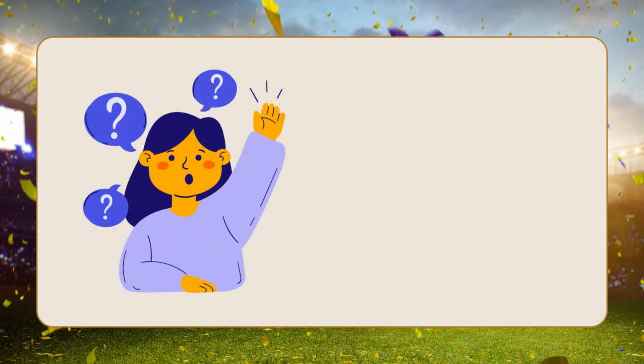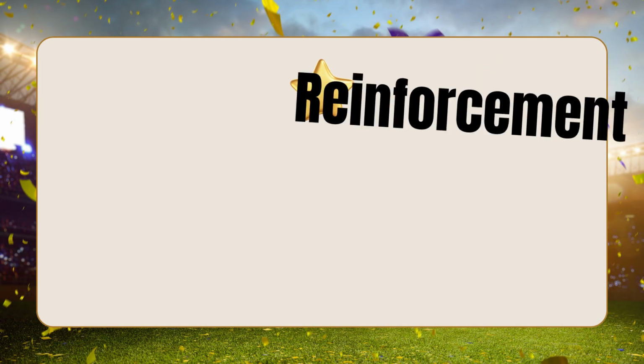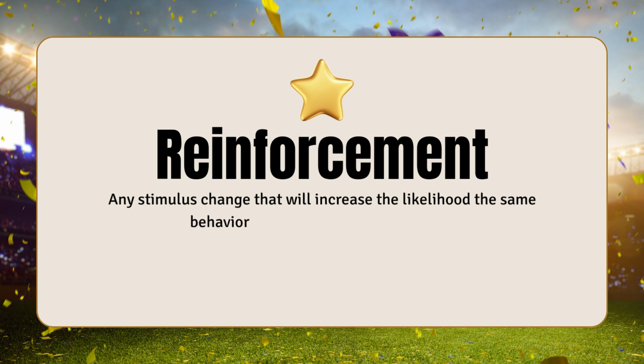You are probably asking, Kyle, what is reinforcement and why is it so important? Well, we encounter reinforcement every day in our lives, and you just may not realize it. So let's take a look at it. Reinforcement, put plainly, is any stimulus change that will increase the likelihood the same behavior will occur again in the future.